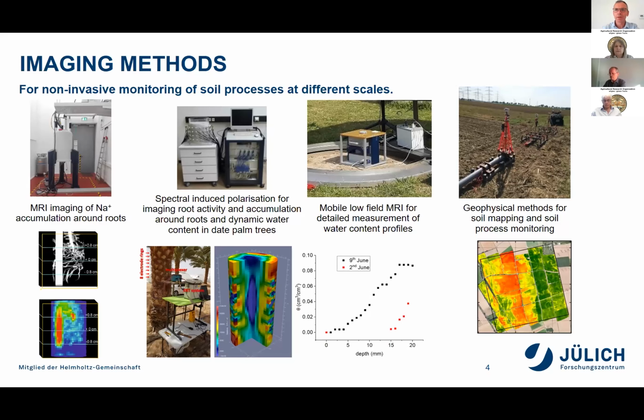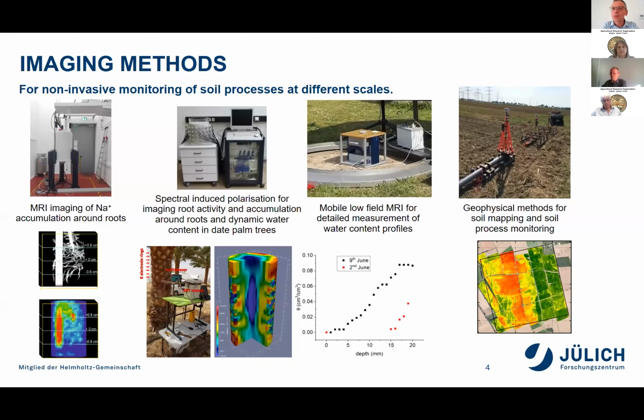Another instrument that we developed is a mobile low-field MRI system, which we can use to obtain detailed information about soil moisture distributions in bare and dry soils. This is important to improve models that predict evaporation losses from soils, and it provides us information non-invasively about the water content profile in the first few millimeters of a soil profile.